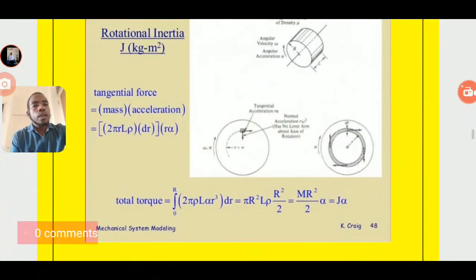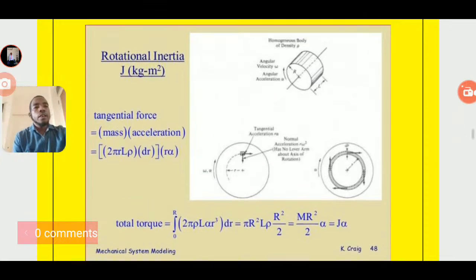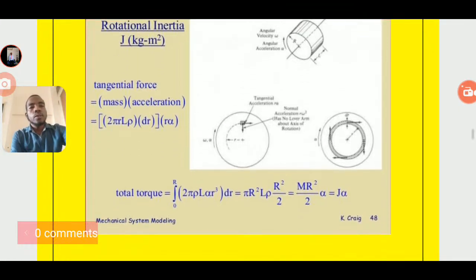The rotational inertia has the SI unit kilogram meter square.